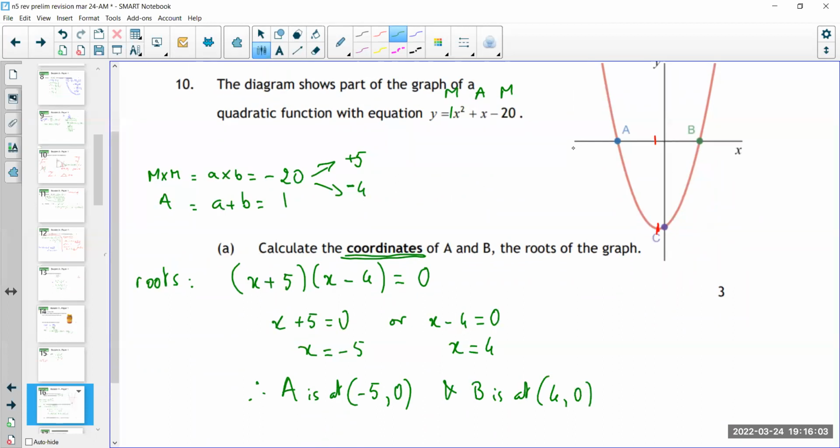So you can just go on your graph, negative 5, 0, 4, 0. If you put that, the examiner just gives you 2 marks straight away. Plus saying this, you get 3 marks. 1 mark for this, 1 mark for this, 1 mark to say that.